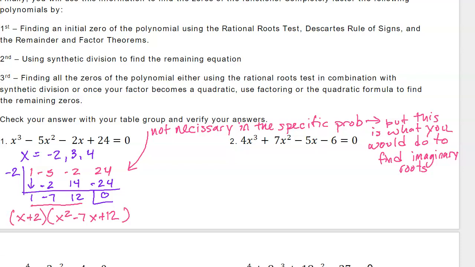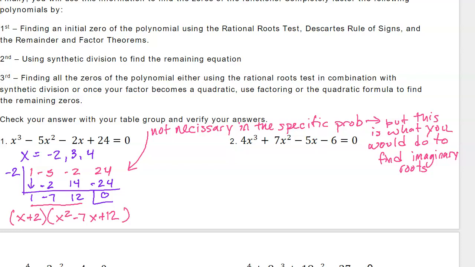We're pretending like this would give us imaginary roots. So what would we then have to do to find the rest of the roots, pretending like they're imaginary?